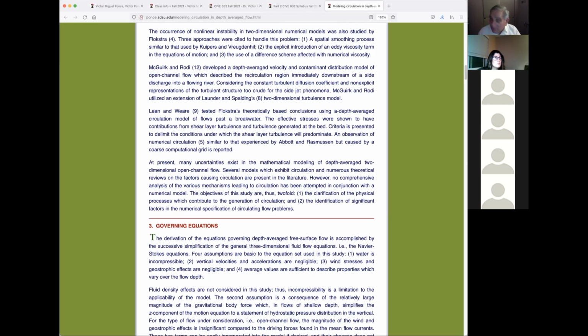This is the kind of stuff that was done by McCarthy in 1938 when he, by luck, I guess you could say, ran into the Muskingum and realized that it could do the diffusion wave, which of course McCarthy at the time didn't even know about. The word diffusion wave came out in 1955. McCarthy was doing this in 1938.